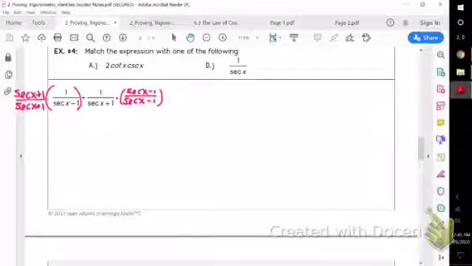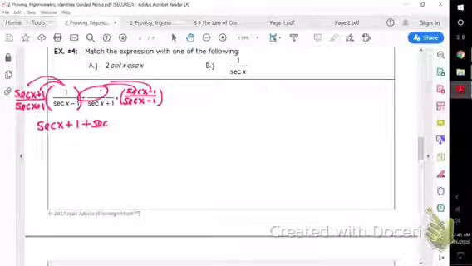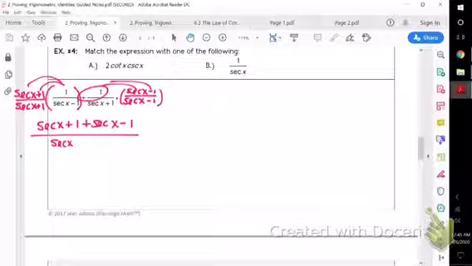And so in the numerator here, I'm going to distribute that 1. So I have secant of x plus 1. And then here I'm going to distribute this 1. So plus secant of x minus 1, all over secant of x minus 1 times secant of x plus 1, the common denominator.